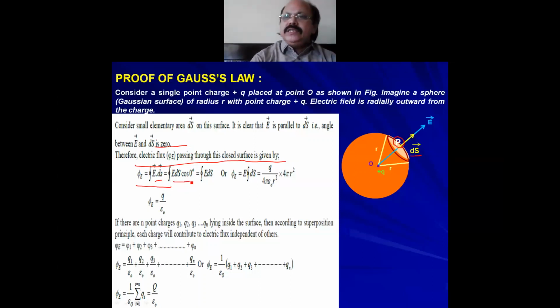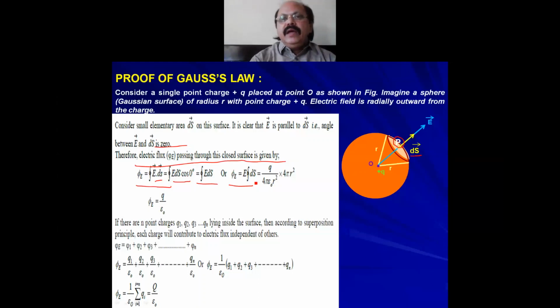Since cos 0 is 1, this is equal to closed integral E ds. Since E is constant, it is the same at every point on the Gaussian surface, so you take E outside the closed integral, and inside is ds.